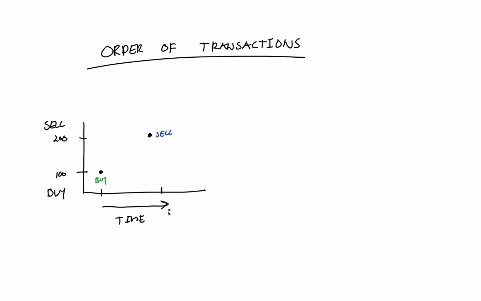So if we look at the order of the transaction, in this case, we bought first and we sell second. And I should probably put that in green just to match. Let's do that. We buy first and we sell second, right? So let's go sell.